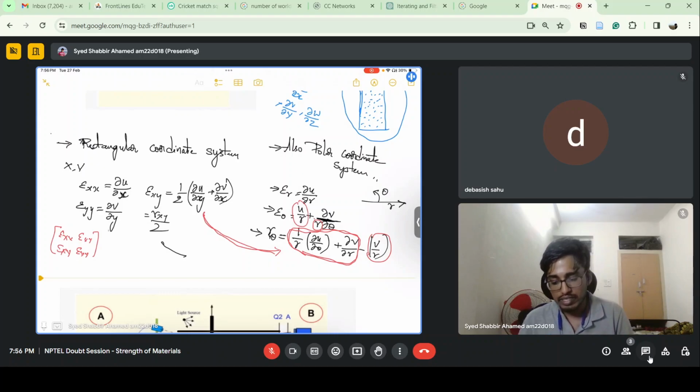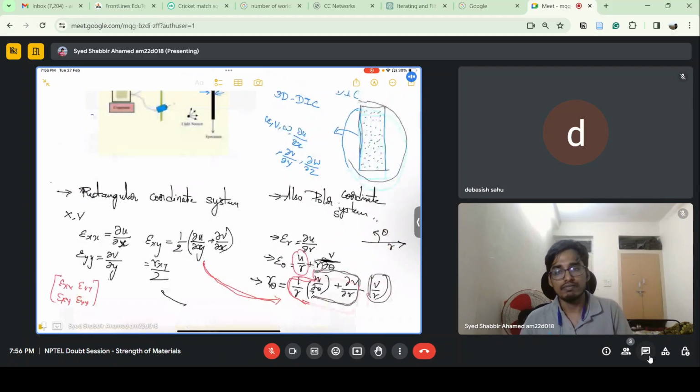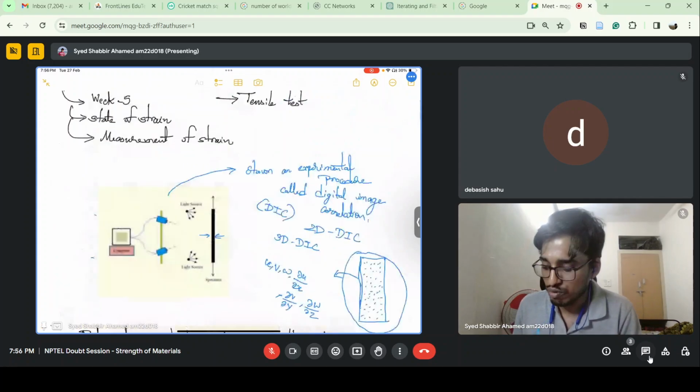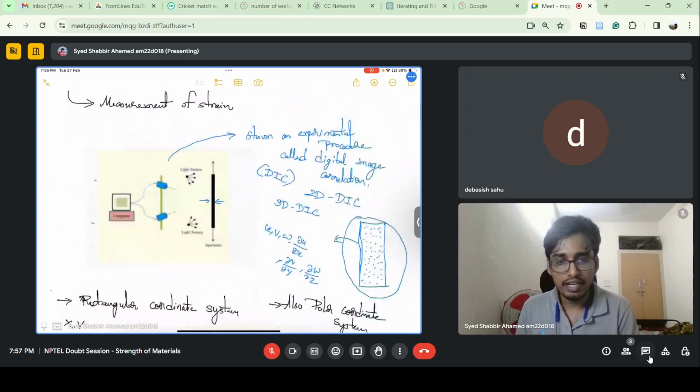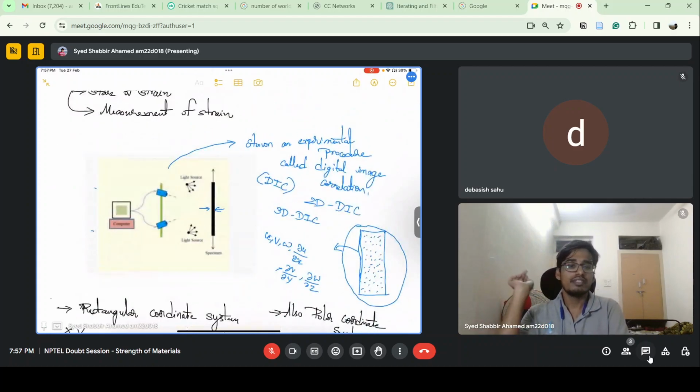As there is theta, there should be r. In addition to that, we also have the extra term minus v by r. This is the definition of the state of strain in polar as well as rectangular coordinate systems.